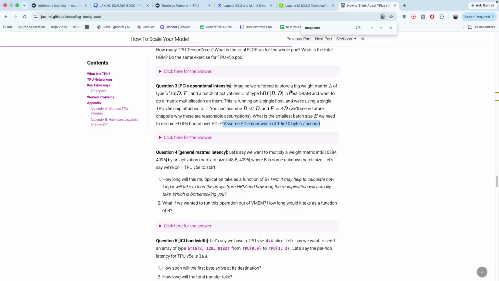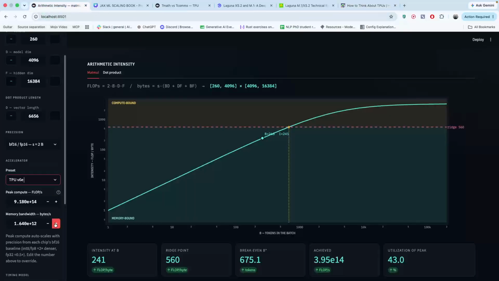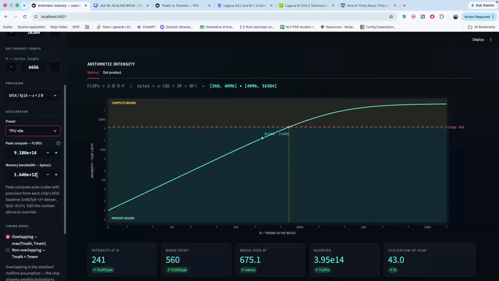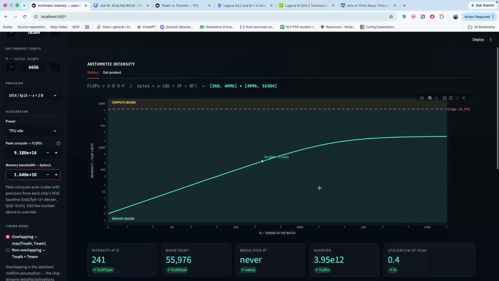The data is on host DRAM, and with PCIe bandwidth we are going to transfer the data to the compute units. The memory bandwidth that I have here is for chip to chip, and if I convert it into PCIe bandwidth, now see this.